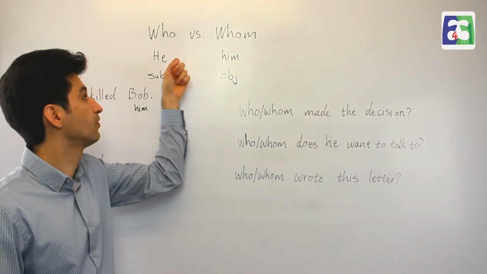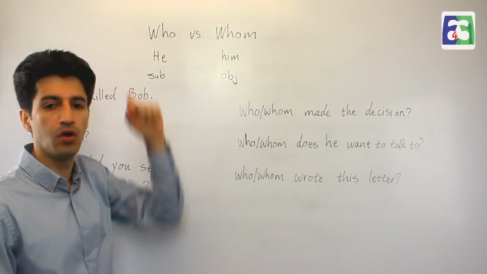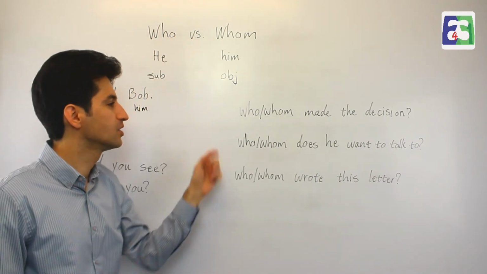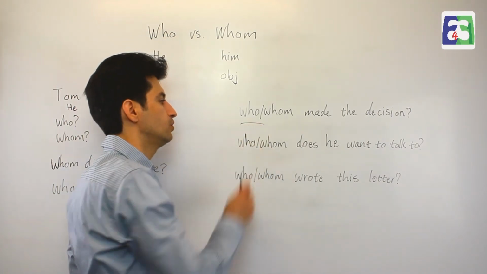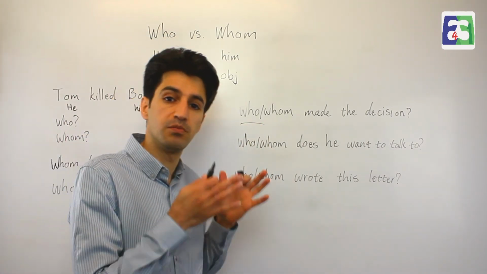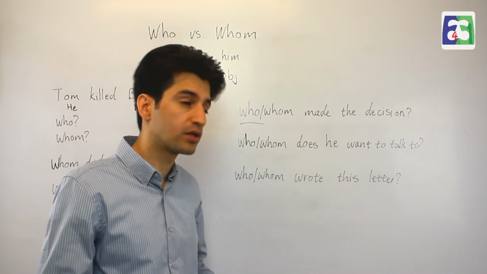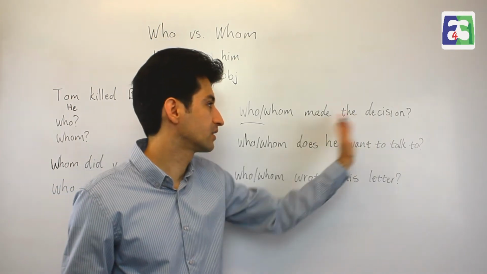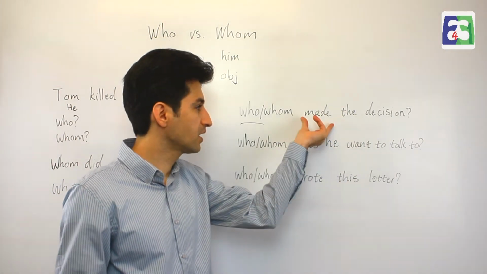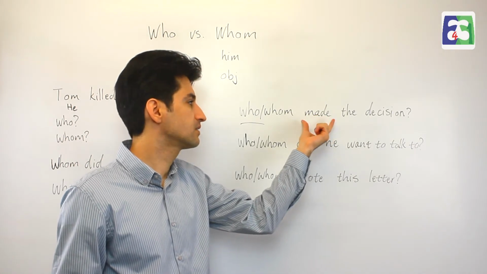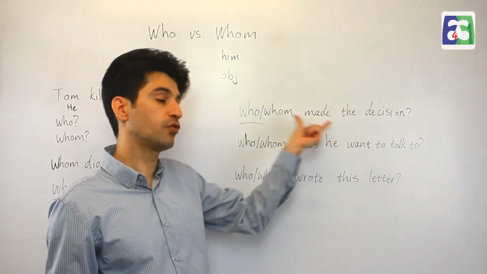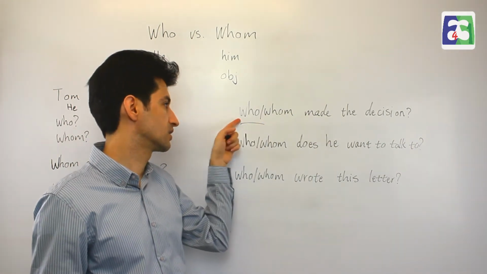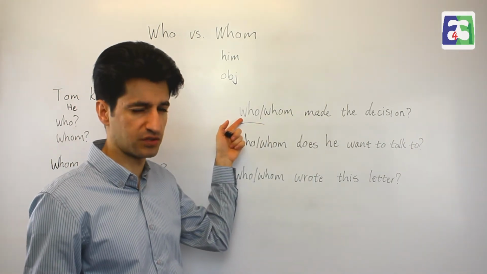So what do we need to ask about he? Whom? Who? Okay. So who made the decision? Okay. So who to ask about the decision maker, who is the doer of this action, to make, who makes the decision. Make, or in this case made, is my verb. So before the verb, what is missing is the subject of the sentence.